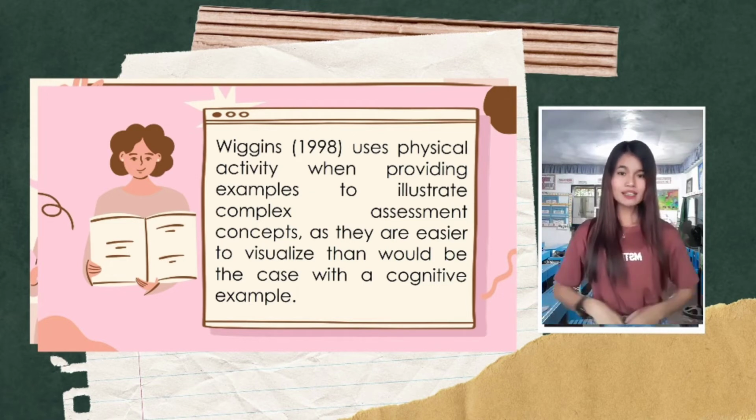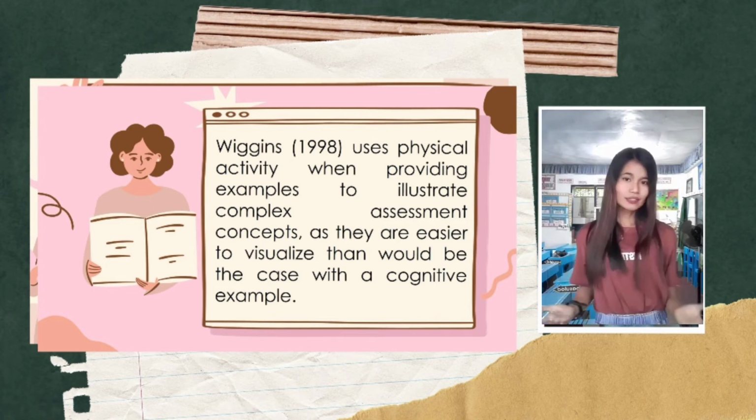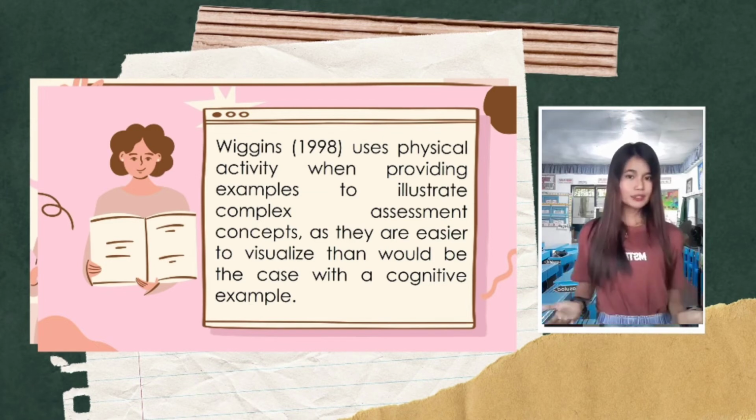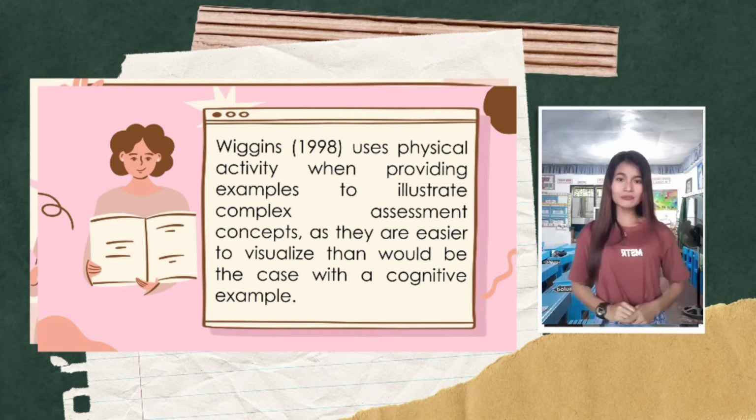Yes, because the PE subject is more on health and physical fitness. So it measures pupils' ability to put into practice their skills and knowledge. It is better for the student to demonstrate what they learned than just merely explaining the concepts.